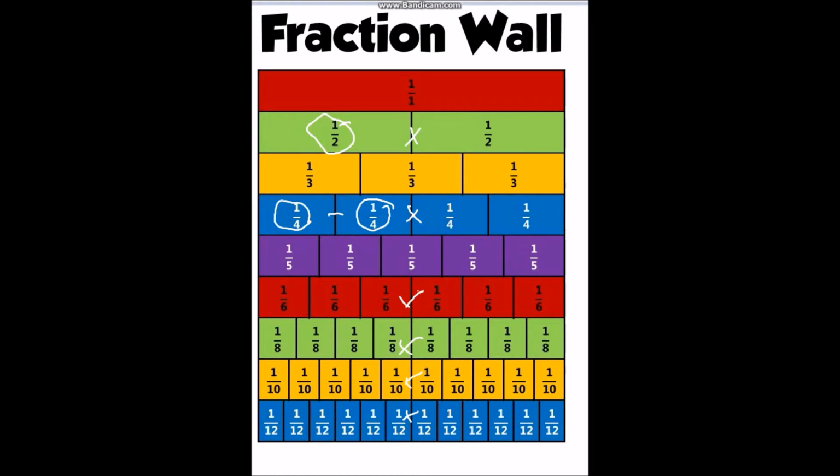For these guys, we find another, so we have 1, 2, 3 sixths, so 3 out of 6 is equivalent to 1/2, and then again here we can go 1, 2, 3, 4, so 4 out of 8 is also equivalent to 1/2.